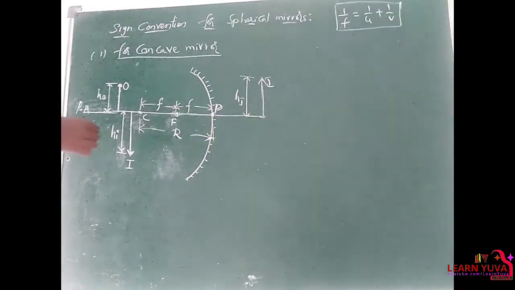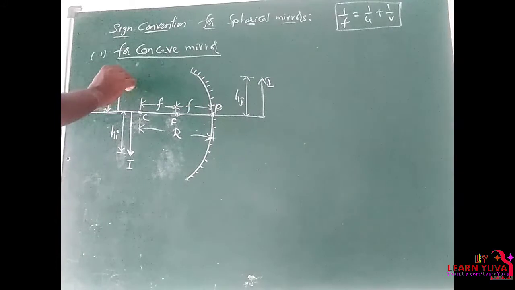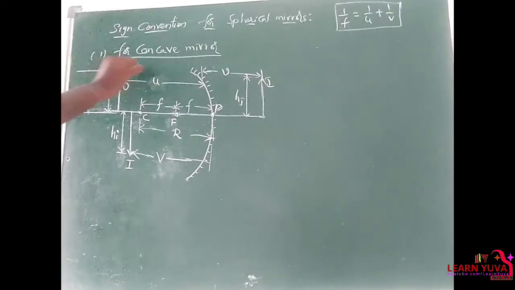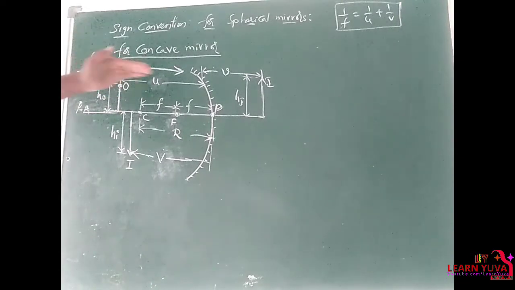The distance from object to mirror is nothing but object distance u. The distance from image to mirror is known as image distance v. As we know, the light ray is always traveling in this direction only. The light ray is always traveling towards the mirror.